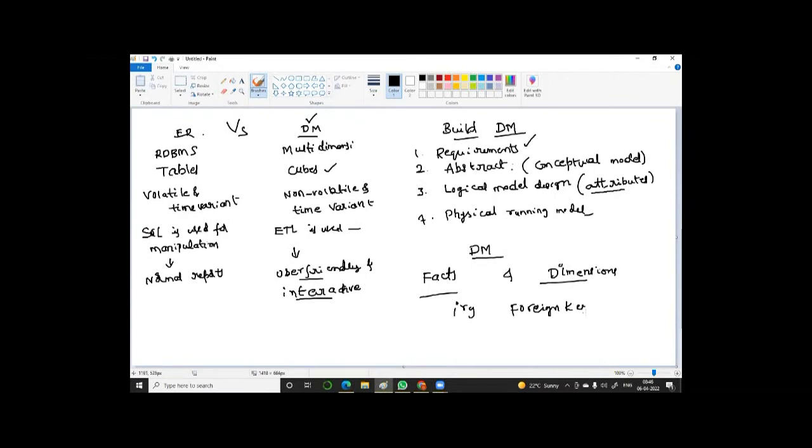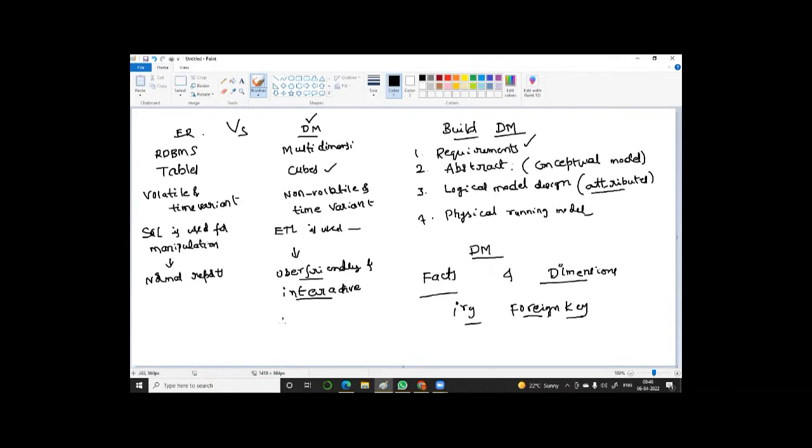Primary key means, as the name itself says, which is fundamental. Foreign key is like something you adopted. Generally a foreign key is a primary key of another table. Let me give an example, because this concept is useful in facts and dimensions.